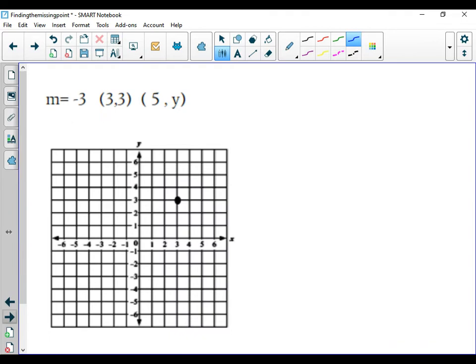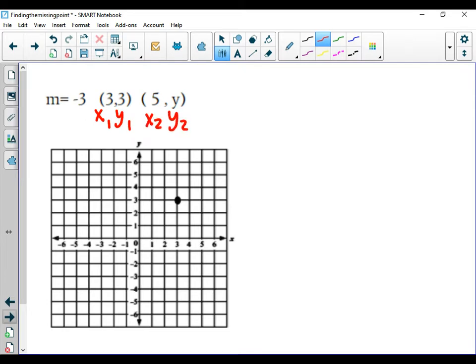So again, we're using the equation y2 minus y1 over x2 minus x1. So I'm going to set it up. So again, this is my x1, y1, x2, y2.